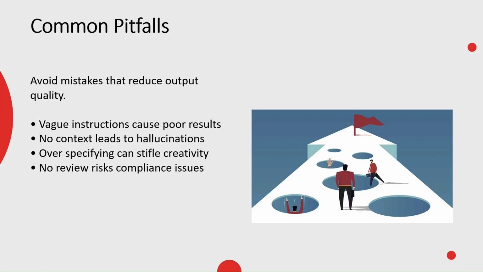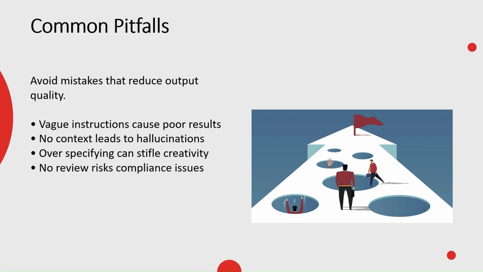Common mistakes, common pitfalls. There are some types of mistakes that we need to avoid in order to keep the quality of the output good. The biggest mistakes are being too vague or providing no context.